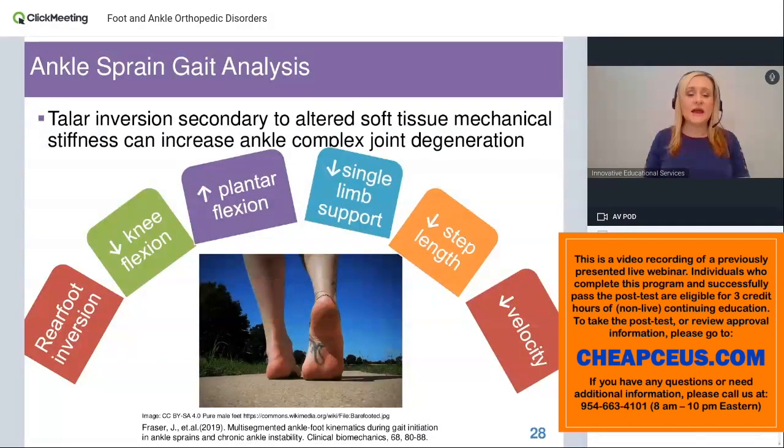As we look at gait analysis, we know that when our patients are rehabbing from this injury that causes disruption in the stabilization of that ankle, we would expect specific gait deviations to occur. So we might see in these individuals more of a rear foot inversion, where their calcaneus becomes inverted.